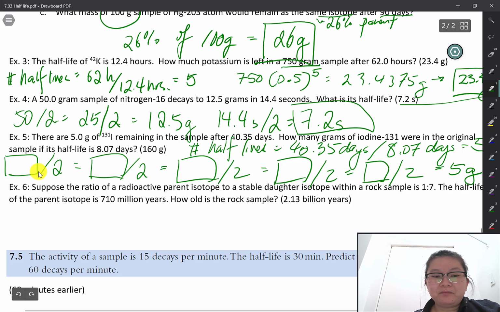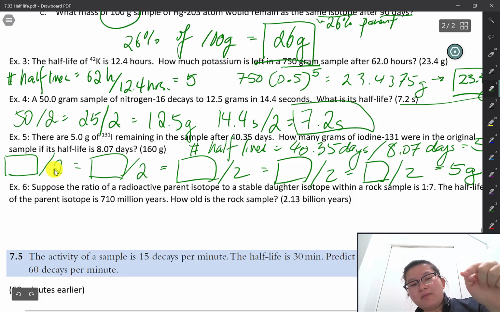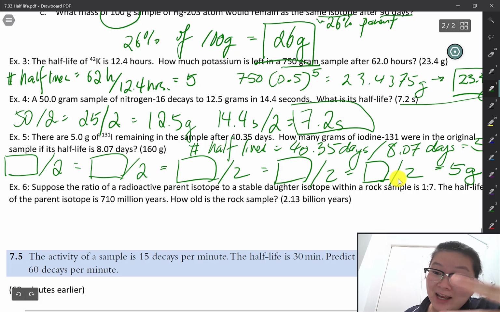You start off with some sample. There are 5 half-lives, which means this divided by 2, which will give you this, divided by 2 again, again, again, 5 times. So 1, 2, 3, 4, 5. We halve it 5 times, which is going to give us 5 grams.